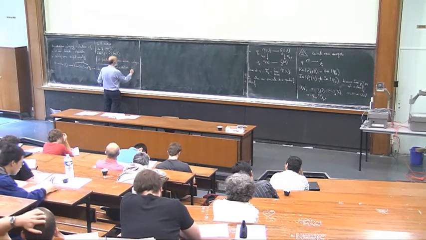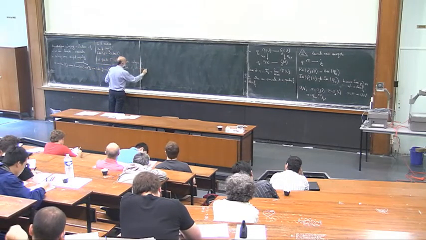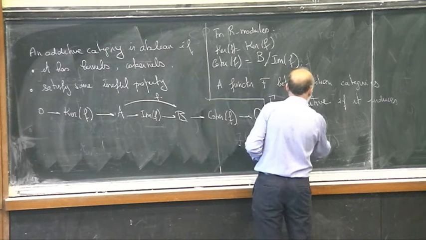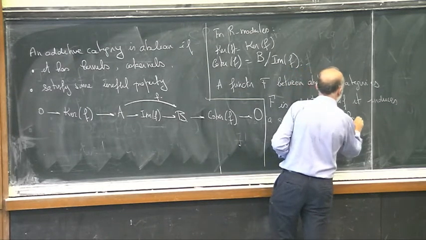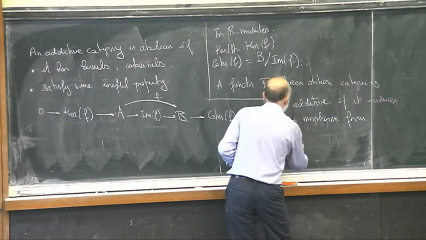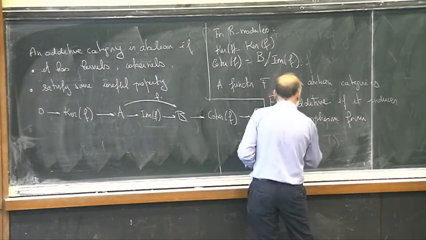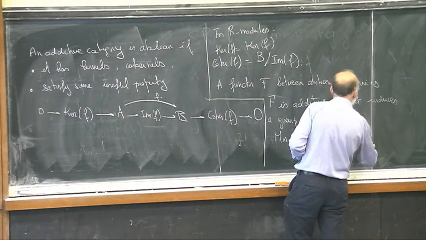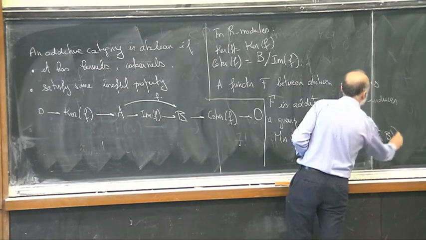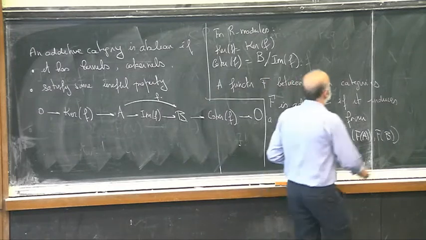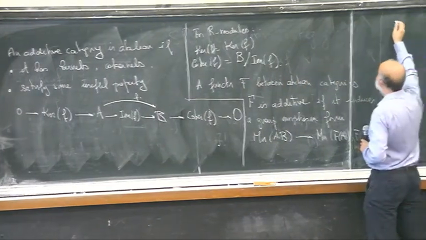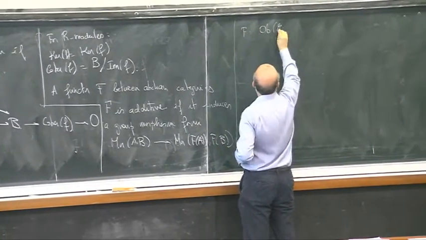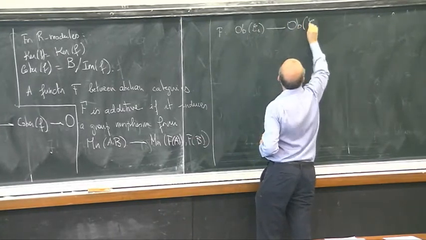So F is additive if it induces a group morphism from the morphisms from A to B to the morphisms from F of A to F of B. By definition of a functor, the functor F will send the objects in the first category, C1, to the objects in C2.